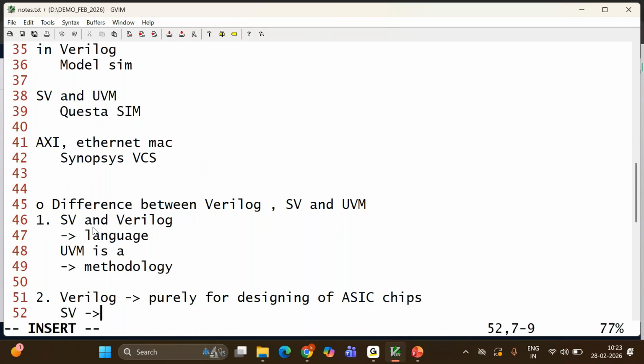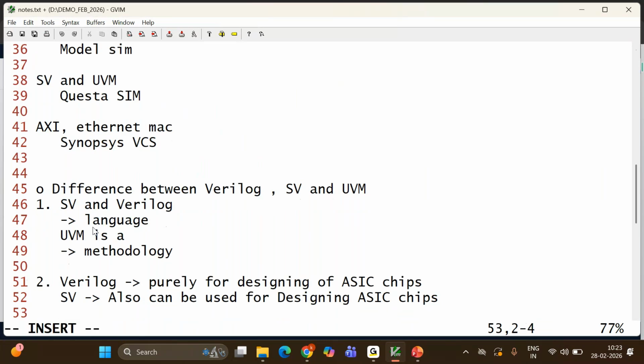SV also can be used for designing ASIC chips, but SV was purely meant for verification aspect. What do you mean by verification? Test bench aspect.